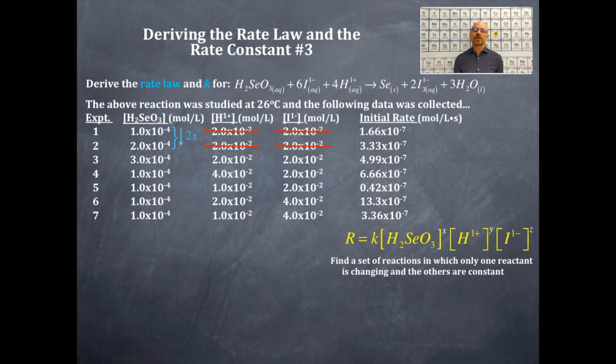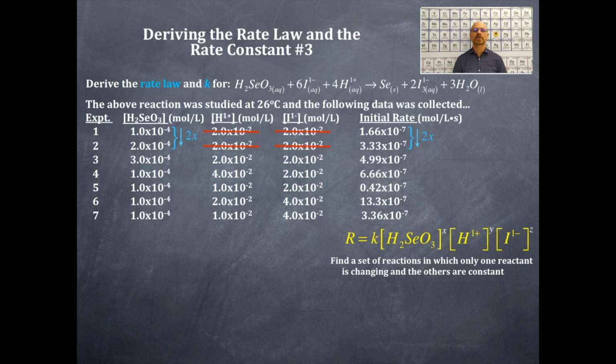So the H2SeO3 is doubling in concentration from reaction 1 to reaction 2. The initial rate is also doubling. So again, remember, if you double the concentration and the rate does not change, that's 0 order. If you double the concentration and you double the rate, that is first order, as in the case here.